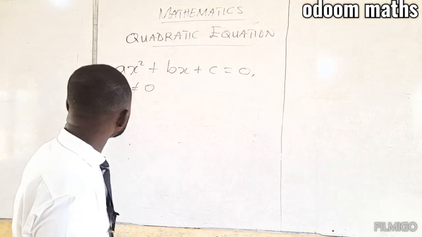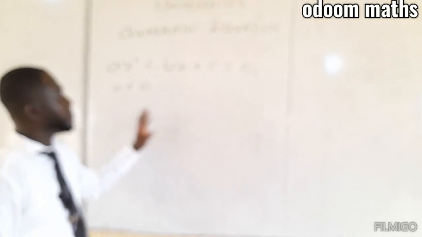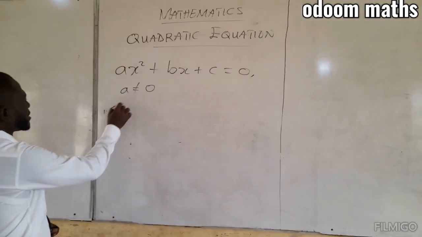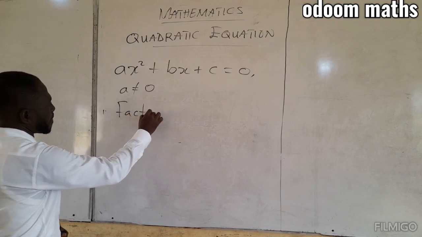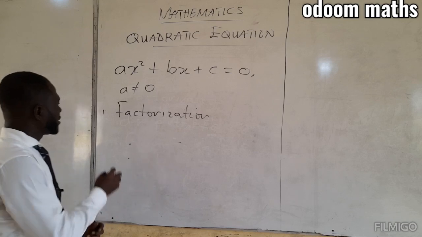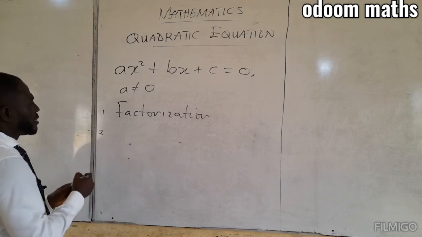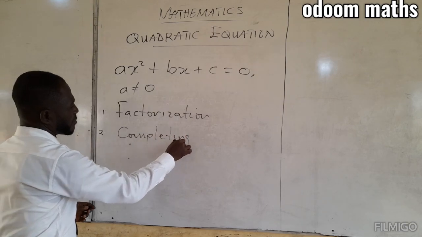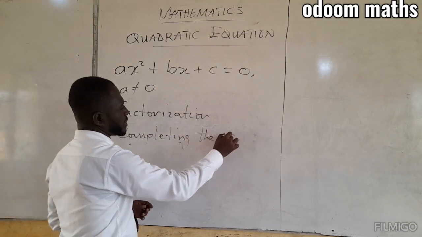So we have about 3 methods of solving this equation. The first one is factorization method. The second one is completing the squares.